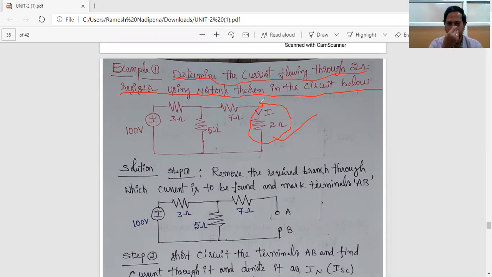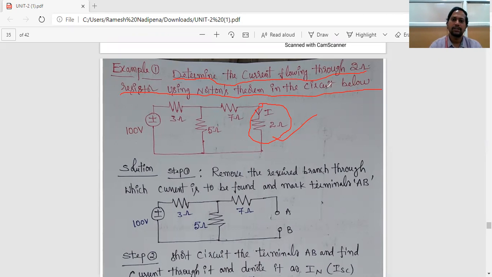This is the network. Now, step 1 is to remove the required branch through which current is to be found, and mark the terminals AB. What is the required branch here?